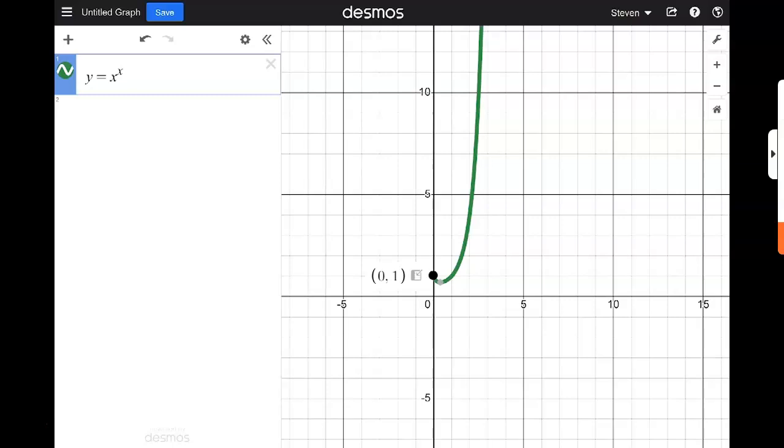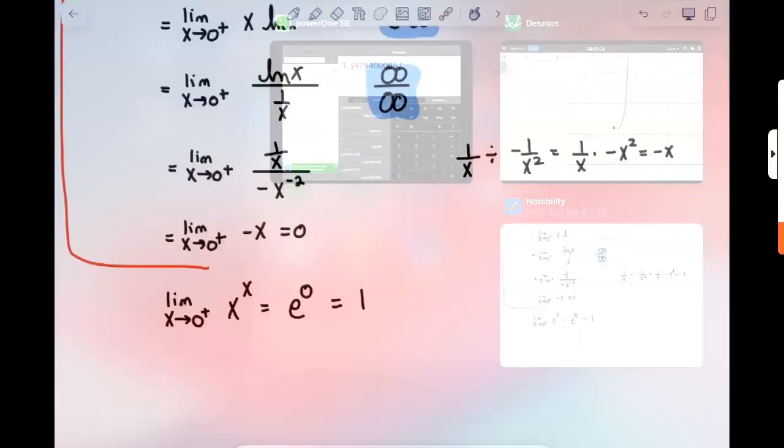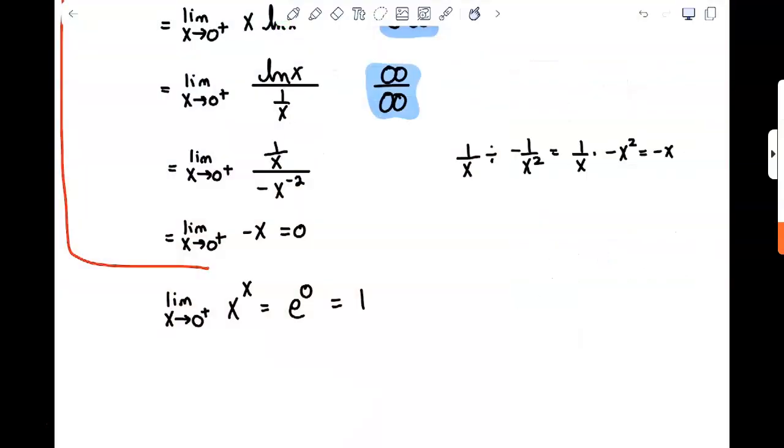It's some bug in its programming. That should be an open circle there, because 0 to the 0 is not defined. But we can see from the graph it does at least agree with what we've been finding.